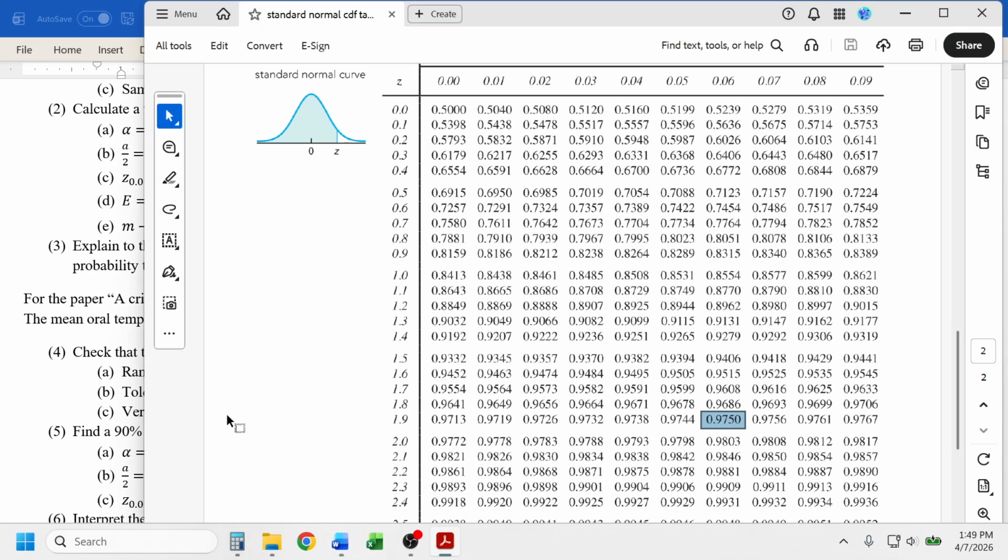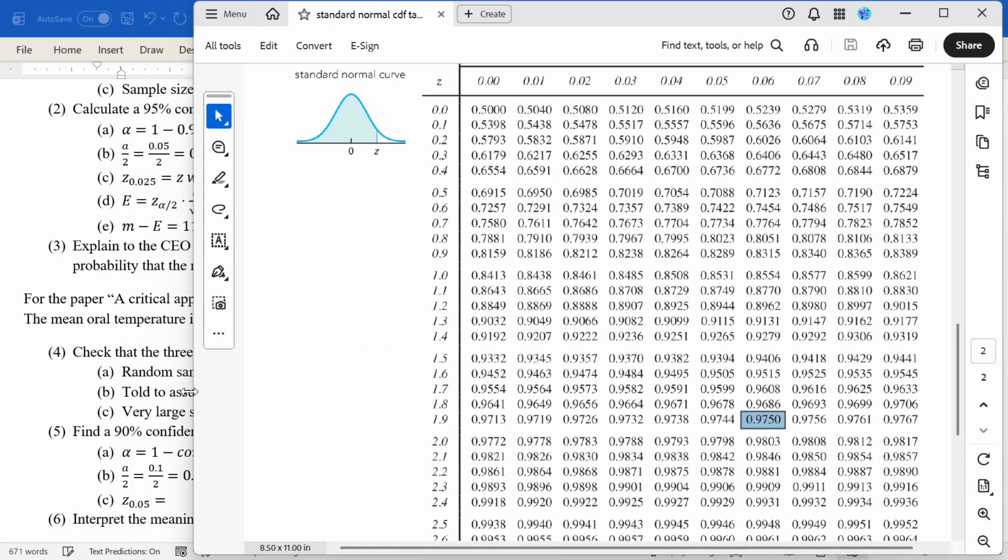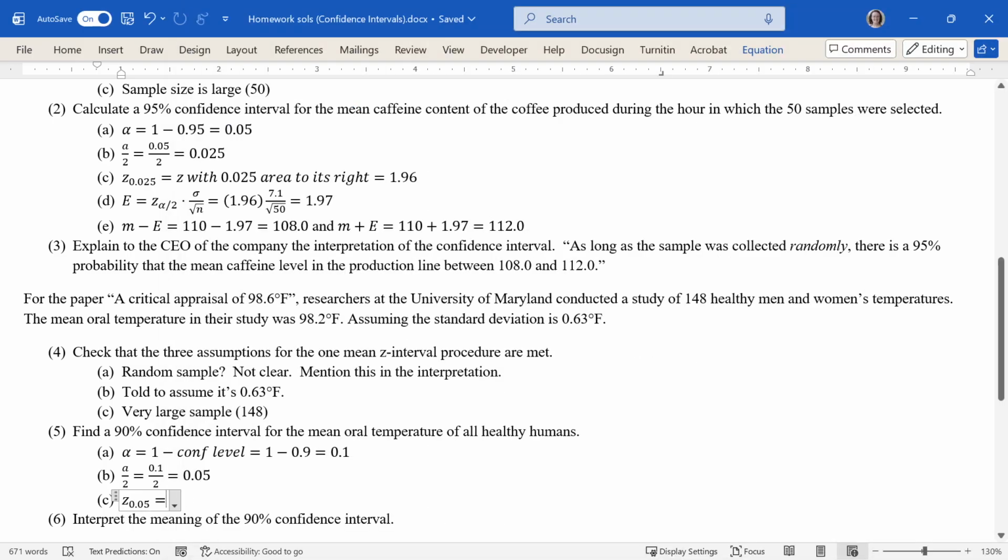So we want to do a reverse lookup. You can either look for the z with this much area to its left and then make it positive, or you can look at the z with the opposite area to its left. So the meaning of the z with the subscript is this is z with 0.05 area to its right. So that means that it will have 0.95 area to its left.